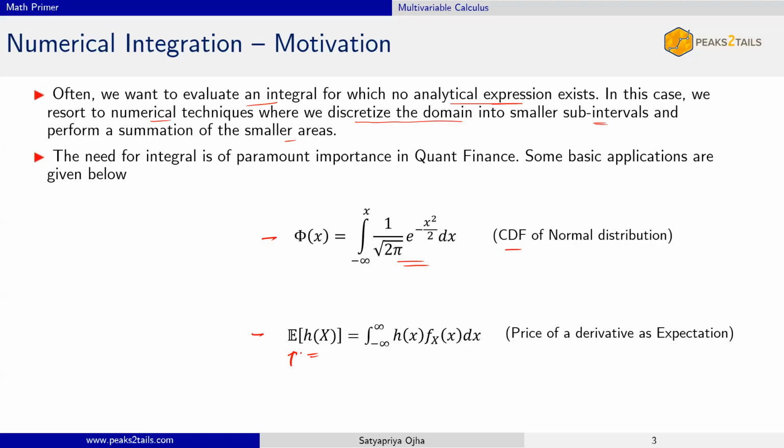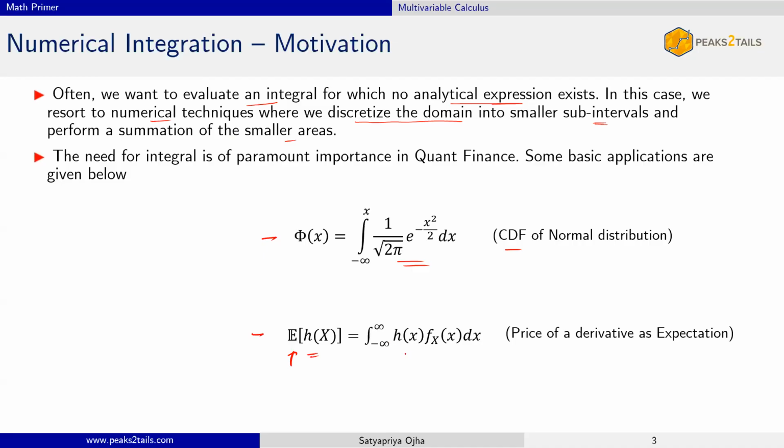It's not based on the physical density, it's based on something else, risk neutral density. We'll see all that later. So we will need to calculate expectation many, many times. Okay. And expectation is nothing but an integral. It's a definite integral. Okay.